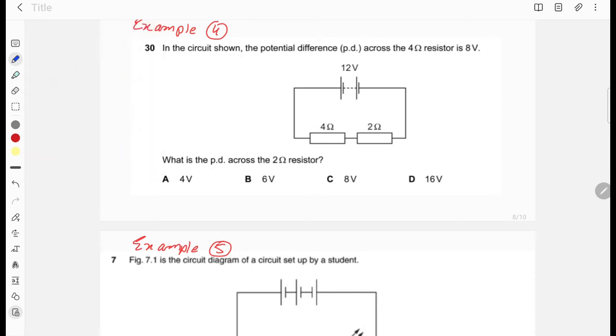Now come to example number 4. In the circuit shown, the potential difference across the 4 ohm resistor is 8 volt.